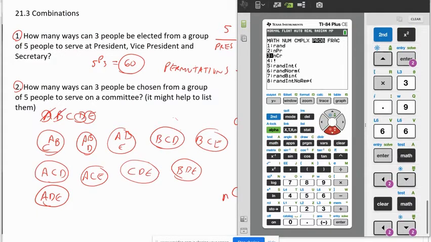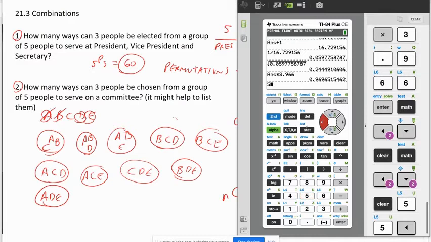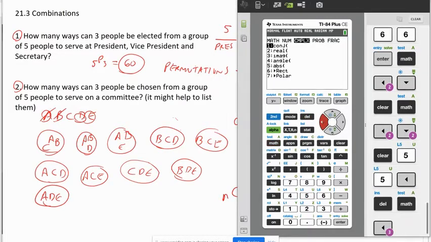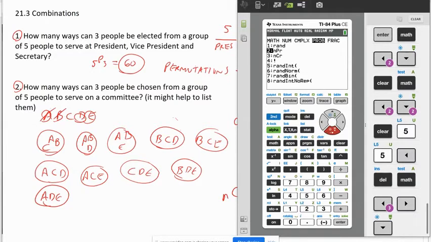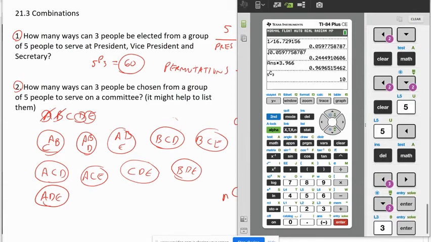So we could do 5, math probability, nCr 3, and that is 10.